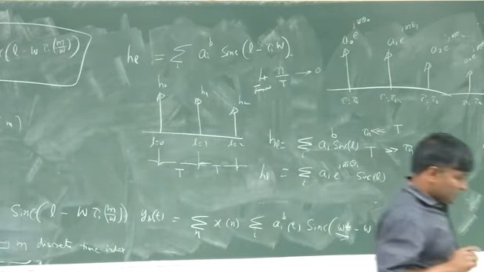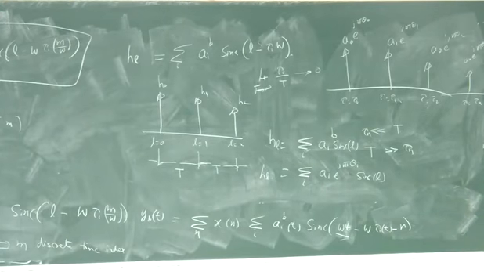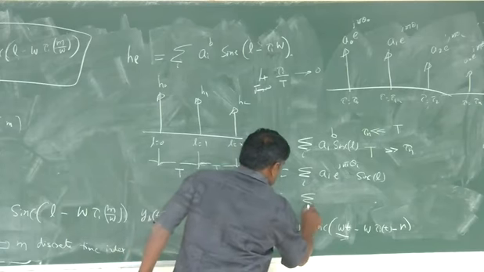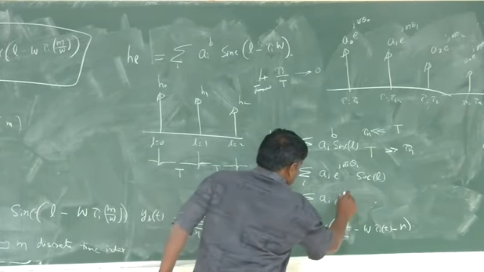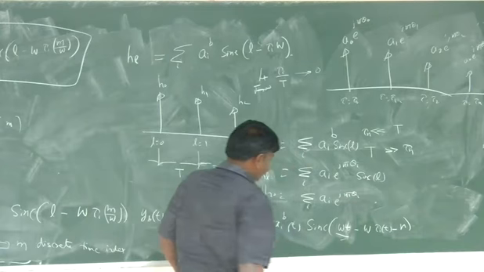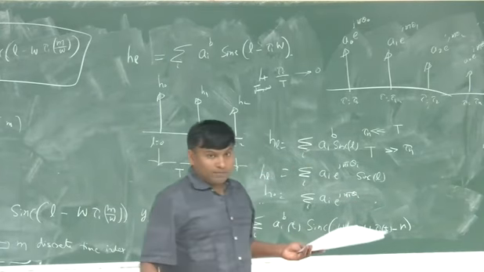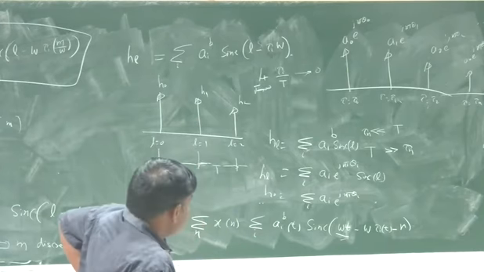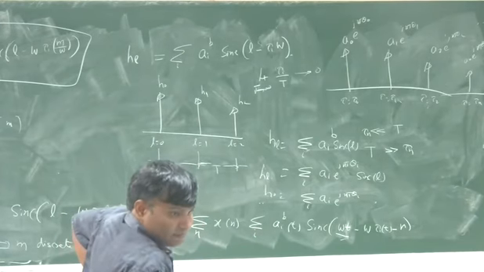Now you tell me what is the channel characterization here. Sinc(l) is unity for l equal to 0 and it is 0 elsewhere. That means h of 0 is equal to the summation over i of ai e to the power of j 2 pi theta i, and for any other tap it is 0. So what is this?